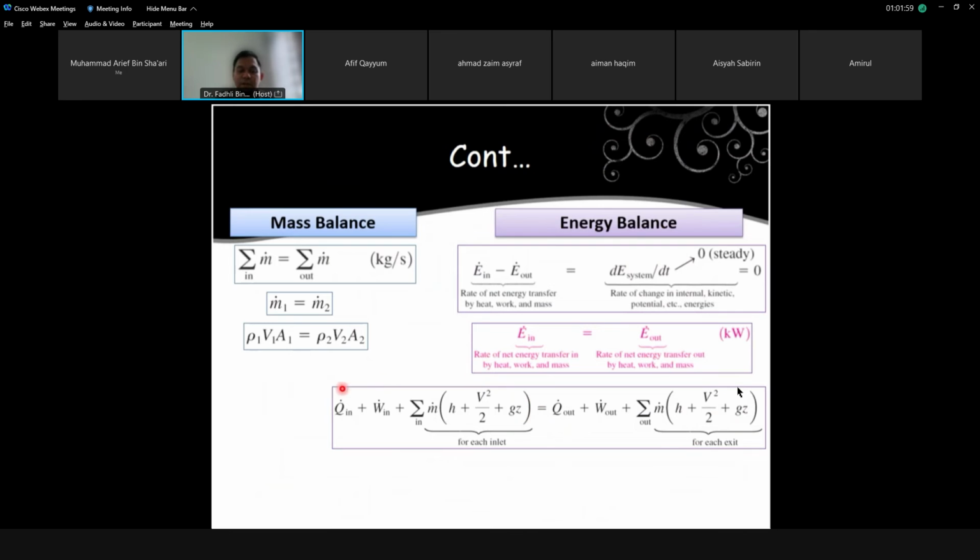At the left side is for the inlet. They have heat for inlet, work for inlet, and energy transported by mass for the inlet. And on the right side, they also have for heat, work, and mass. So kalau you tanya saya, I prefer to write this one. It's very clear compared to this one.